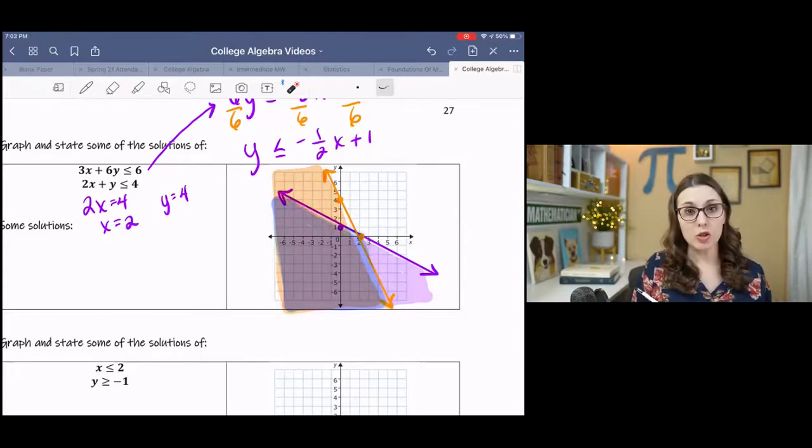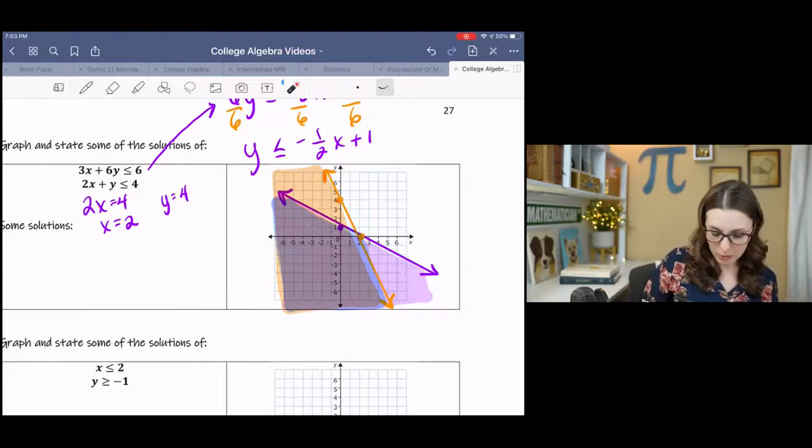When I say solutions to the system, I mean that it's a solution that fits both inequalities. If the point does not prove to be true for both inequalities, then it does not work. Even though it may be true for one inequality and not the other, you cannot use it as a solution for the system. A solution for the system fits both inequalities.